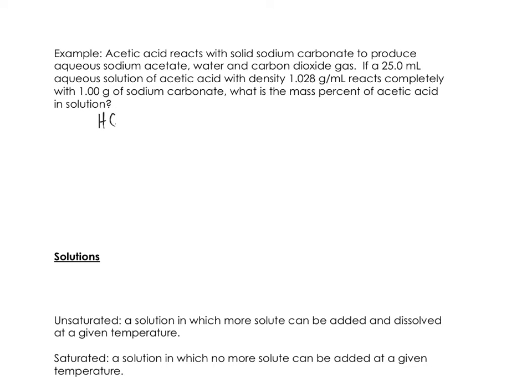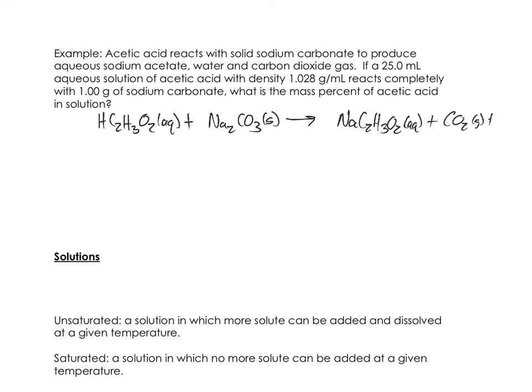So I have acetic acid, HC2H3O2 aqueous, plus sodium carbonate, it's a solid, produces sodium acetate plus CO2 plus H2O. Balance it out, so I got 2 and 2. And that should balance me out.